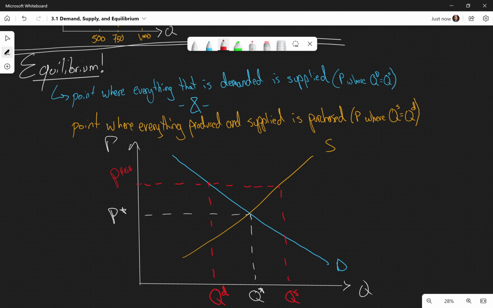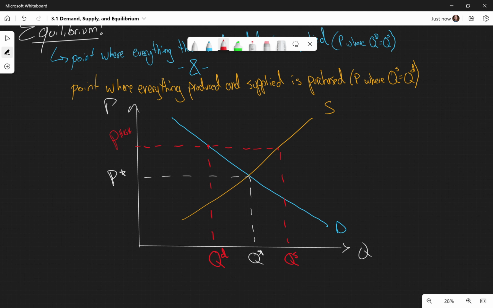And so this particular circumstance would be called a surplus. A surplus is defined when at a certain price, the quantity supplied is greater than the quantity demanded.